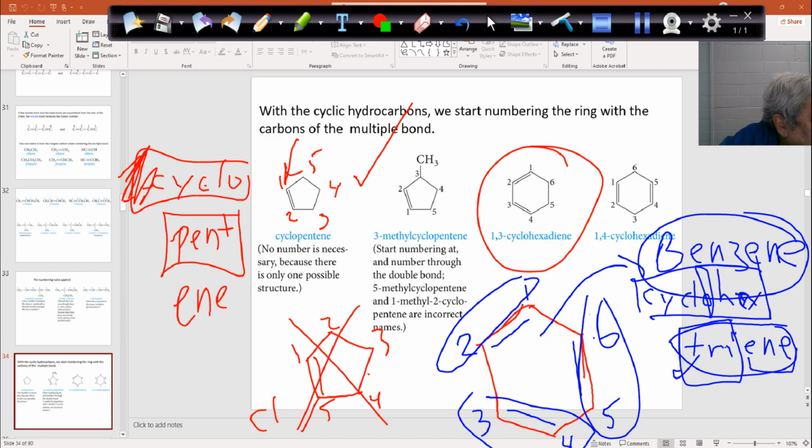So we have 3 names. But the IUPAC said both names are fine, but this is too long. We give it a name, call it benzene. But if you write this one, it is still correct. This is correct. But the IUPAC tells us that's too long. So we'll give it what? That's the basic core for the aromatic compound.